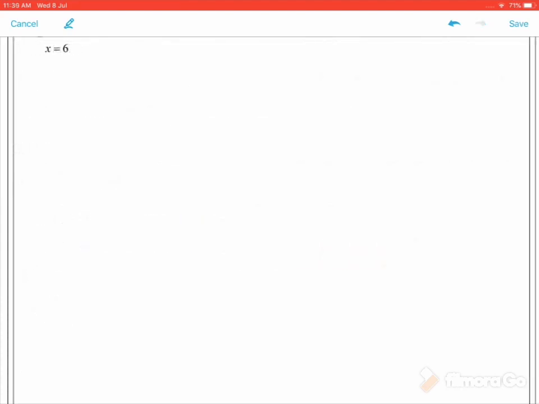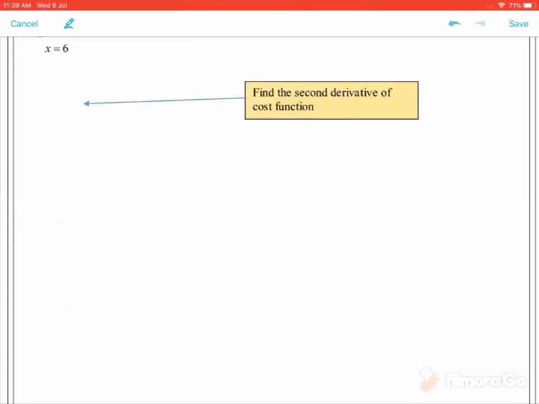After we get the number of production, which is x equal to 6, now we have to reconfirm, or we have to test it by the second derivative test. Okay? So to test by the second derivative test, we have to find the second derivative of the cost function. So means we have to differentiate for the second time for the cost function.